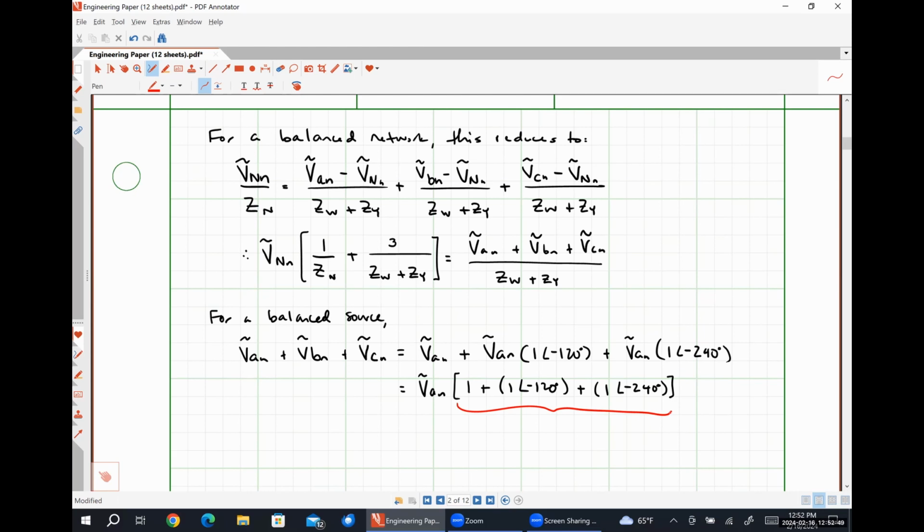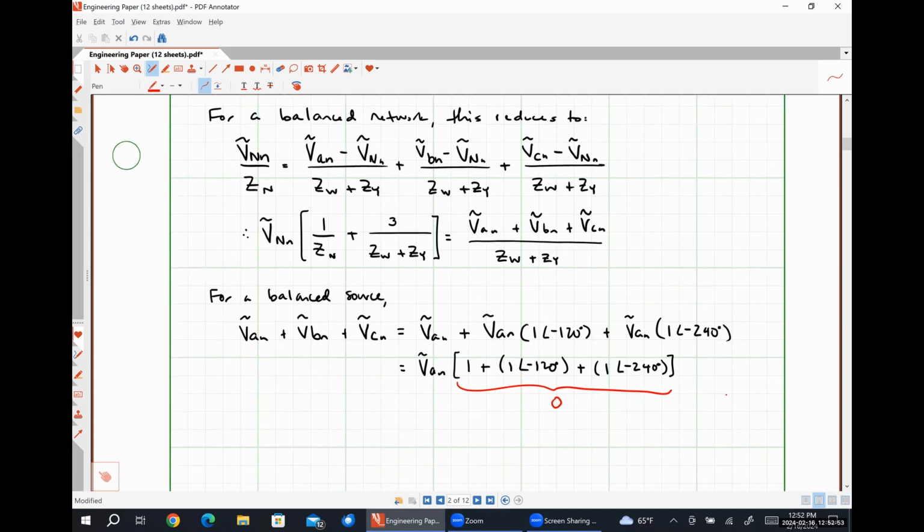Zero. Okay. So that means that all three of those phase voltages added together is going to be zero for a balanced system. Okay. So coming back up to this expression, I'm just going to put this as equal to zero.